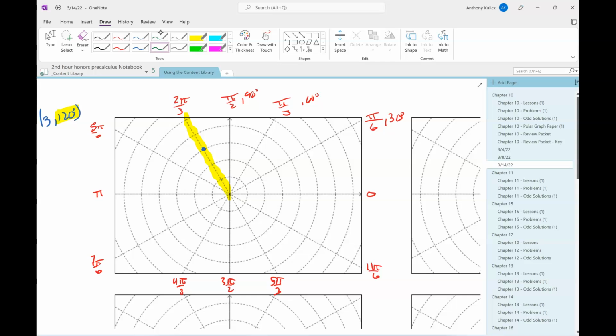Is that okay? What if I have negative 2, pi over 3? Uh-oh. What do we do with the negative?